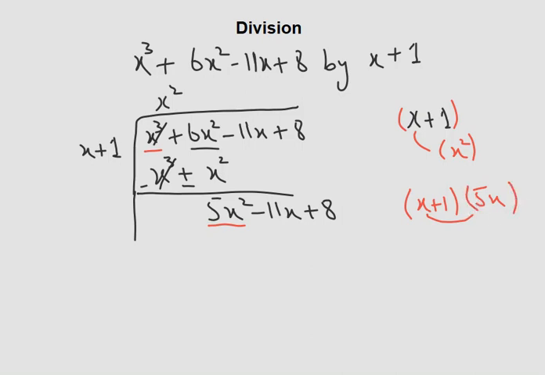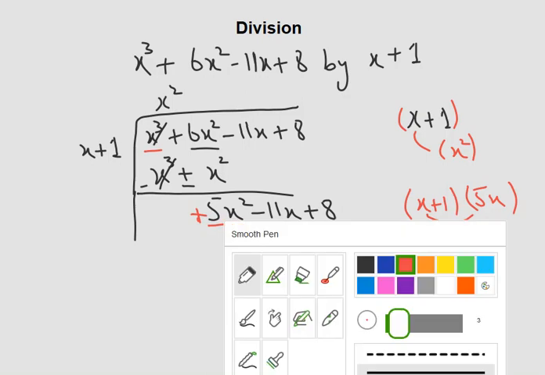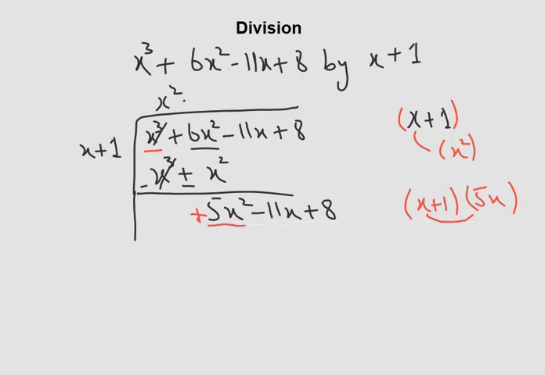Remember, x plus 1 will be multiplied, so first x will be multiplied with 5x. Here the symbol is positive, so we will put the plus sign here. Now x multiplied by 5x, we will get 5x square. Now 1 multiplied by 5x, we will get plus 5x.